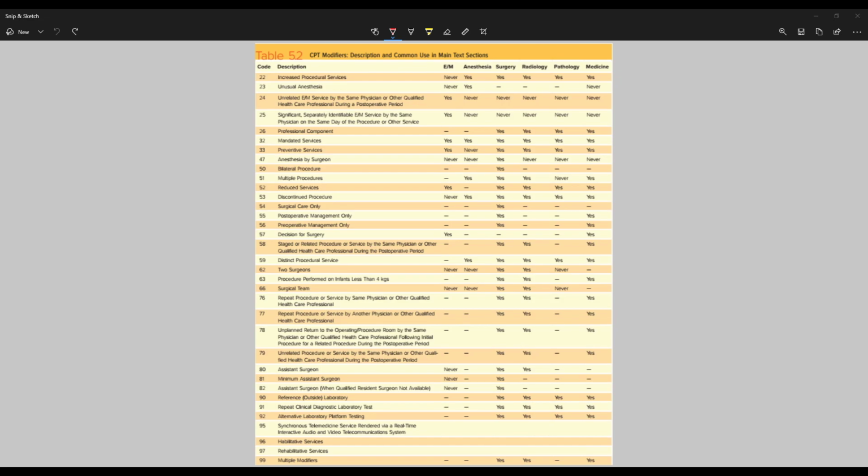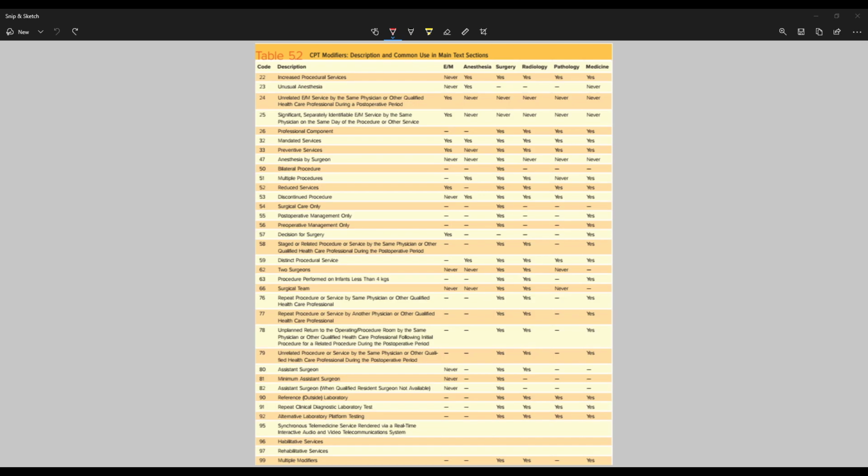Now, the ICD isn't really a major concern for this course. The ICD is a lot more straightforward than the CPT. It's pretty much just as simple as: I have this condition, I search through the ICD manual, and boom, I use that exact code. There's nothing more to it.